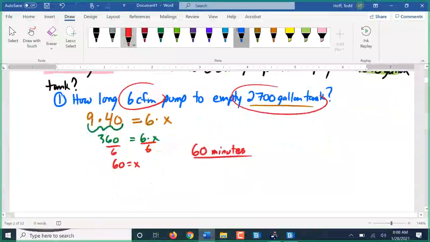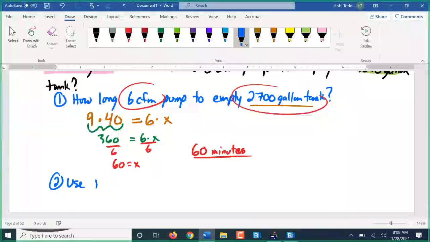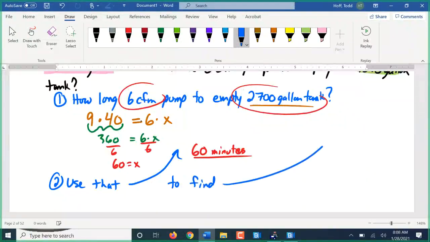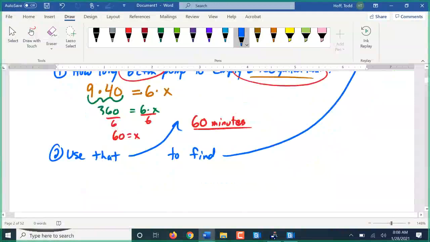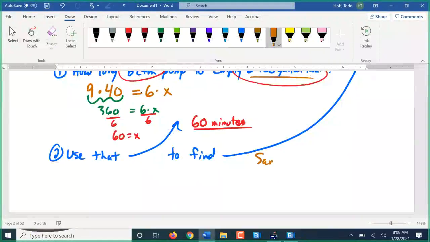Now we go up to the full situation. We use that last answer to find what we were trying to find, the 4,050 gallon tank. Well, if it's the same pump, which is what we have here, it's the 6 CFM pump, both tanks.